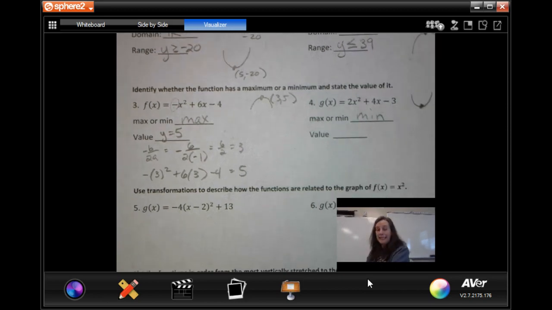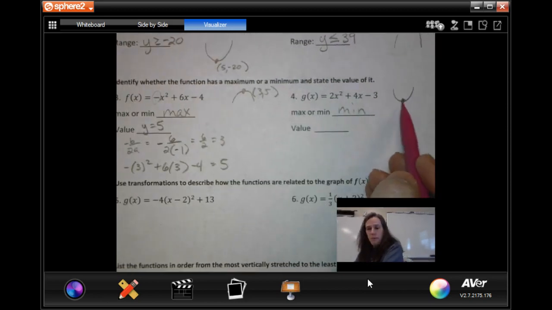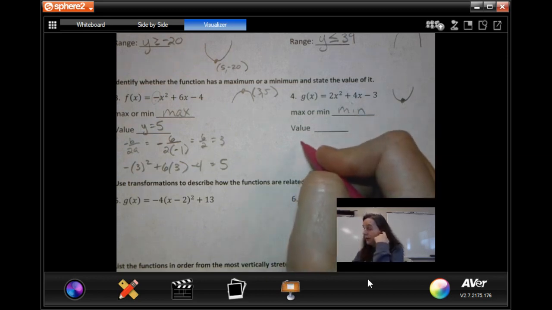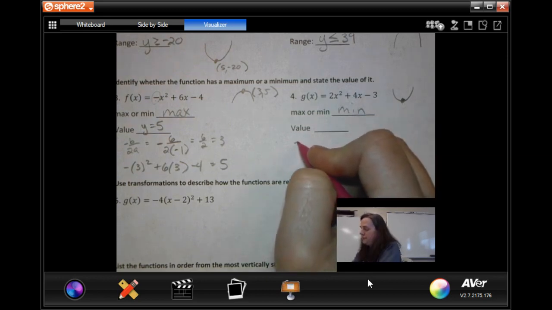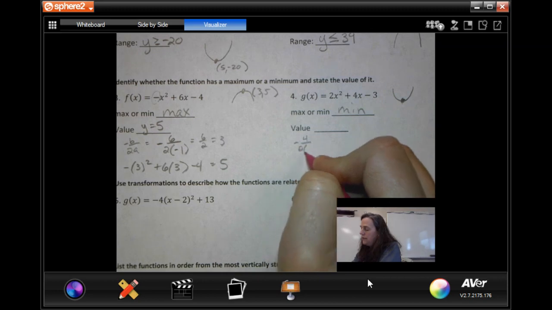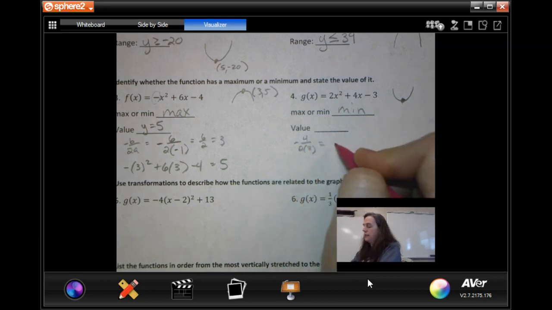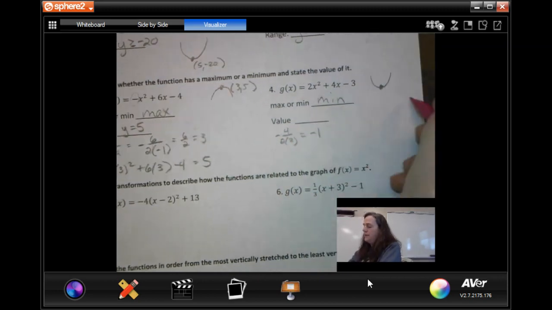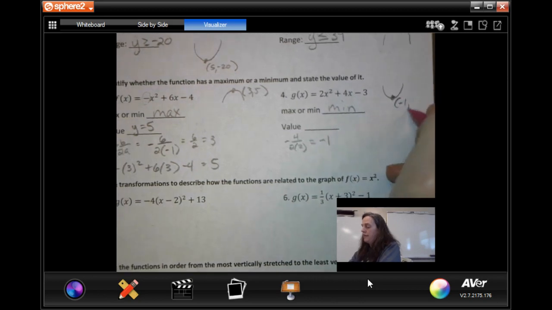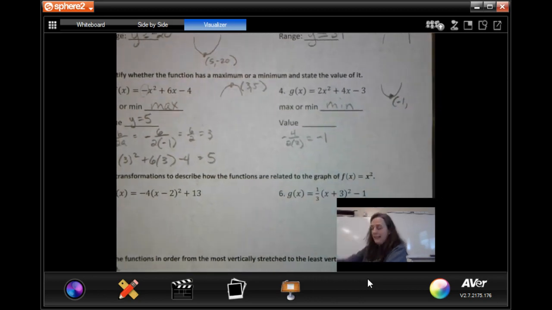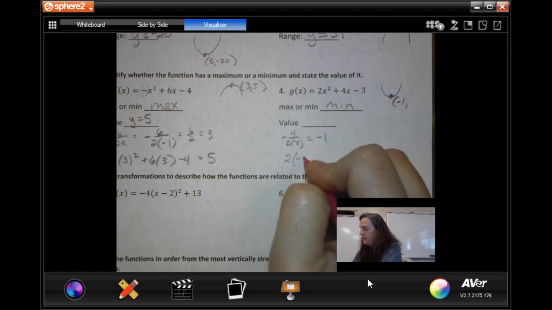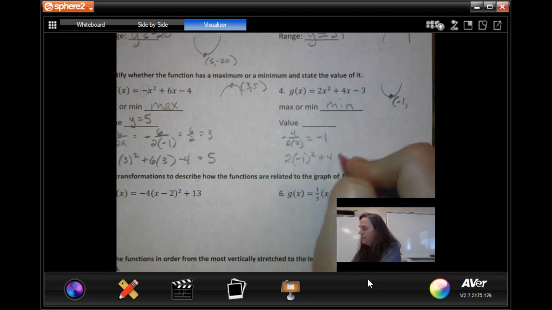This guy's the smiley. So now we're looking for the minimum value. And we have to start with the axis of symmetry. Negative 4 over 2 times 2. Oh, interesting. It's just negative 1. So we know that the x part of that is negative 1. Plug it in. 2 times negative 1 squared, plus 4 times negative 1, minus 3.